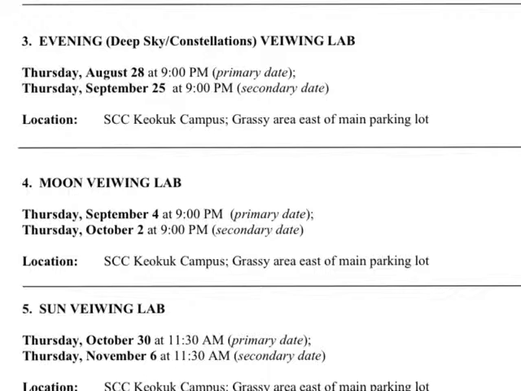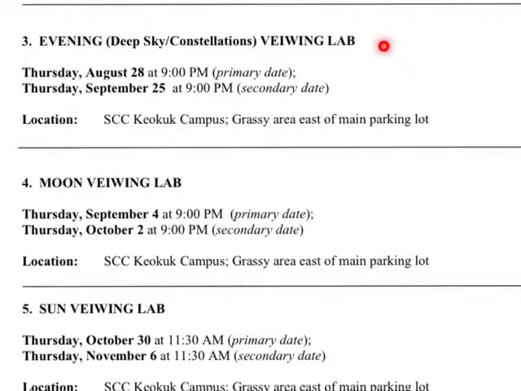So these other 3 labs that I'm hosting are actually at the Keokuk campus, and I'm going to show you a map of where that is, but there's only one main parking lot at the Keokuk campus, and it's east of the main parking lot. So notice that I picked a time when the moon wasn't out to look at some constellations and what we call deep sky objects.